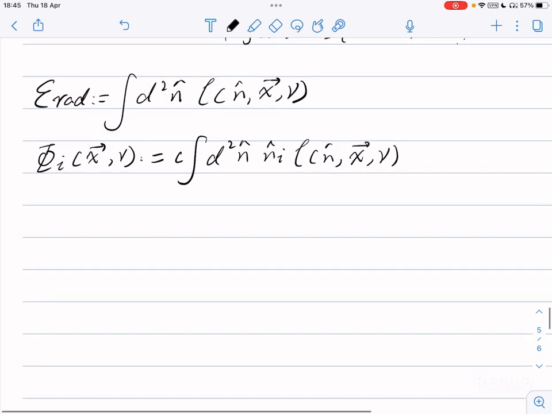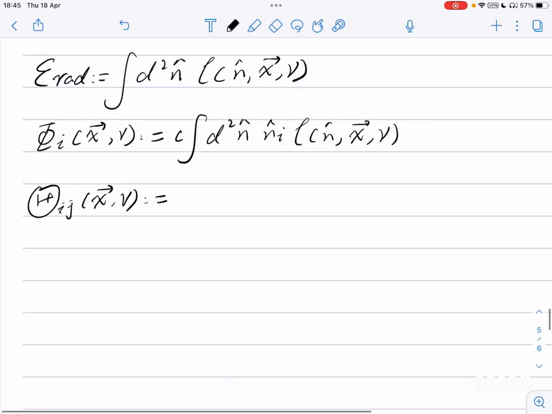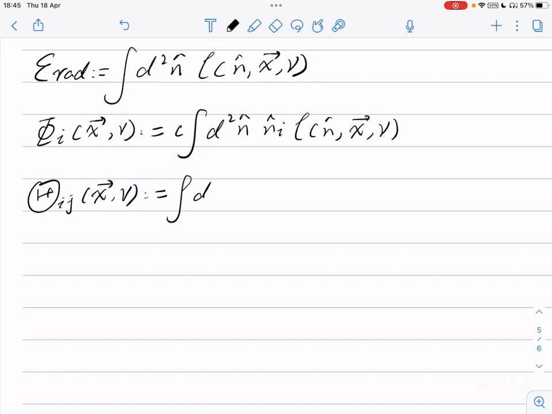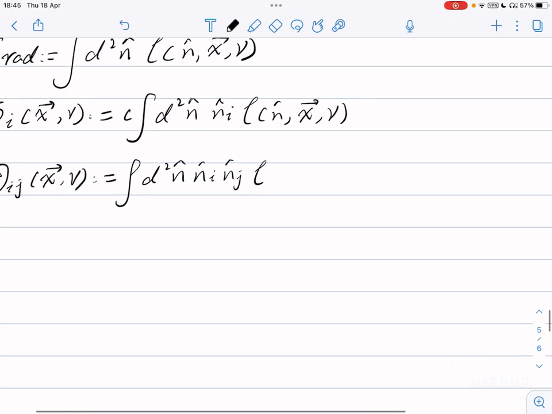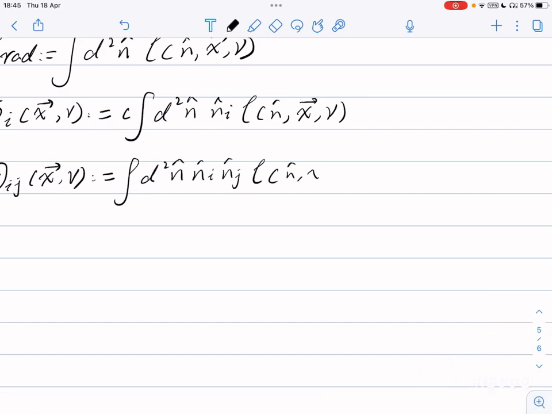The third is the spatial part of the energy momentum tensor of the radiative energy per frequency, capital theta ij x nu, the integral over n of n i n j L n x nu.